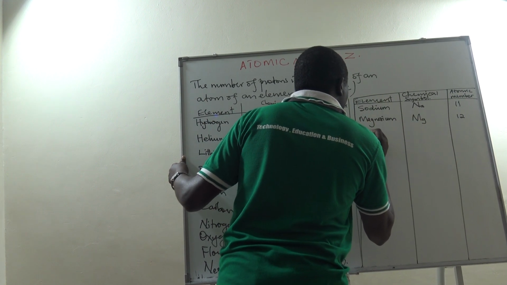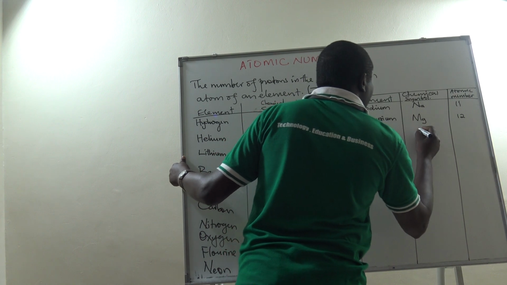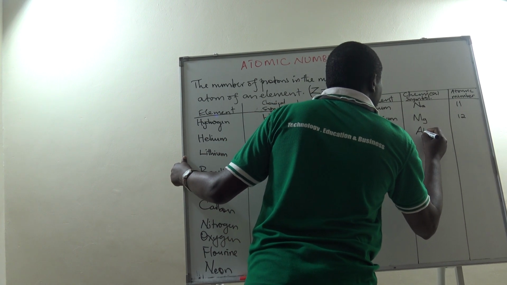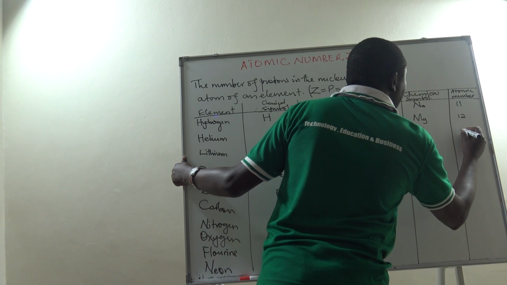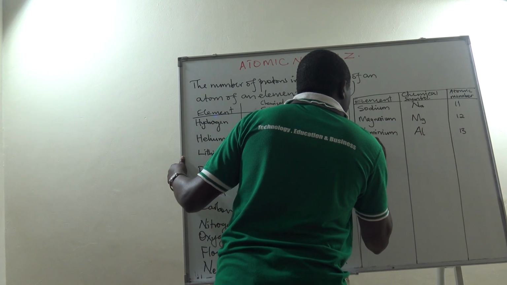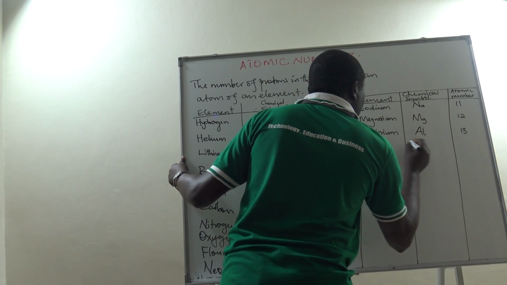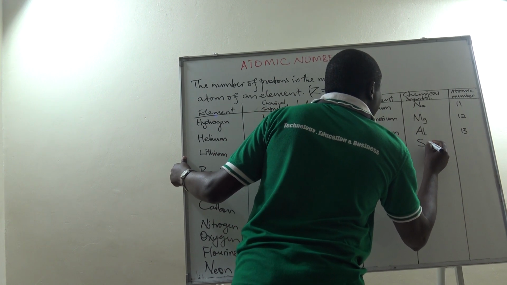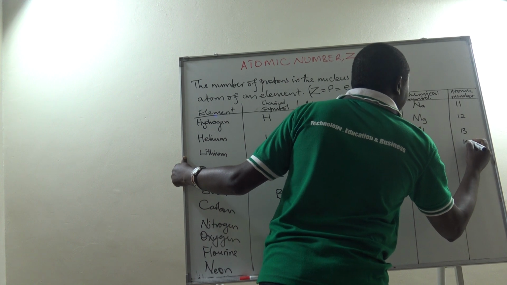Then we go to aluminium with capital A, small l, and is number 13. Then we have silicon, which is capital S, small i, number 14.